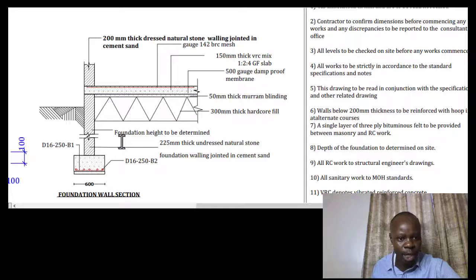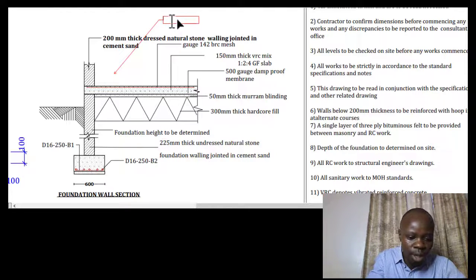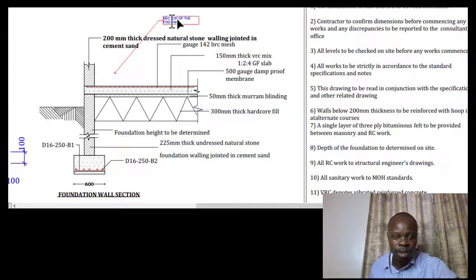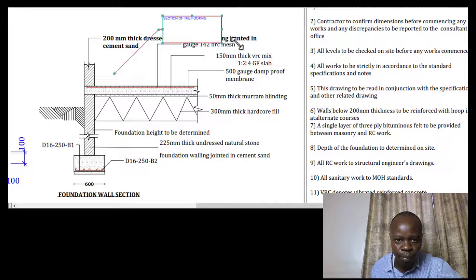But then this is a section. Okay, this is what we call a section of the footing. So we just note that. The whole of it is a section, as it's shown here.